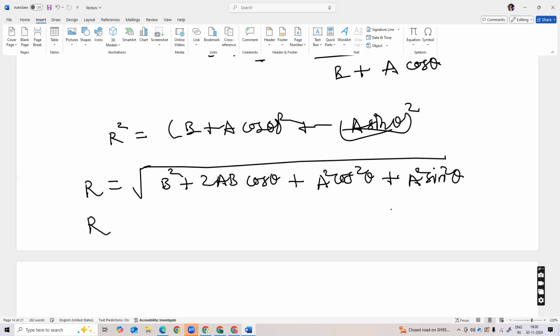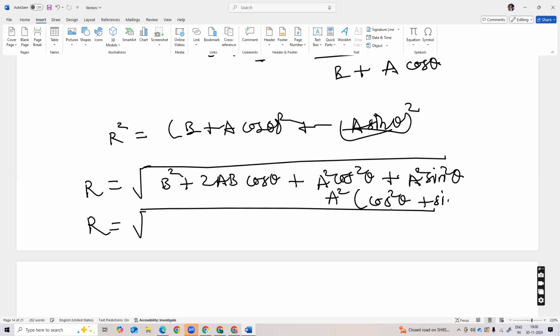So R is basically the square root of, here if we take A square common, then it is cos square theta plus sine square theta, which is equal to 1. So this R can be written as square root of A square plus B square plus 2AB cos theta. So this is how we can find the resultant of any two given vectors.